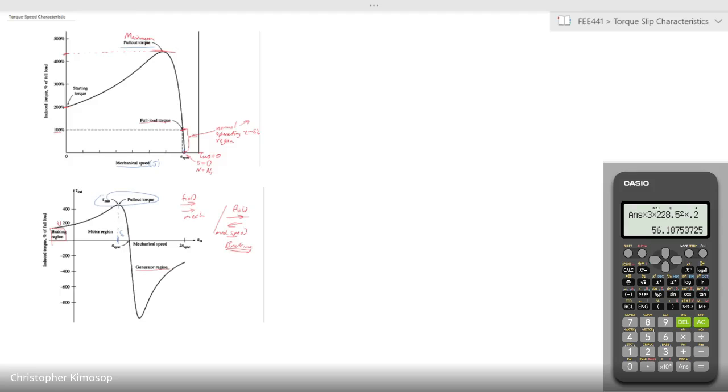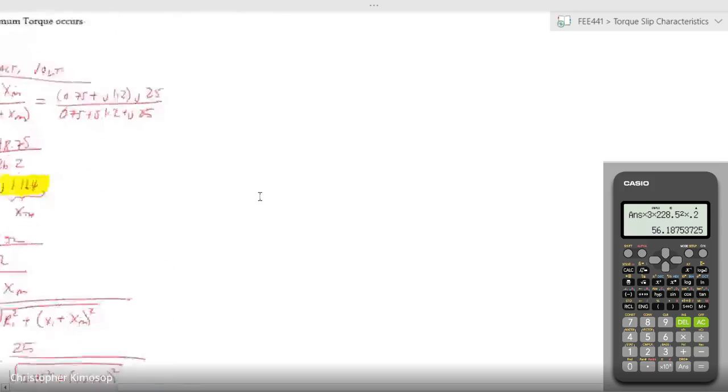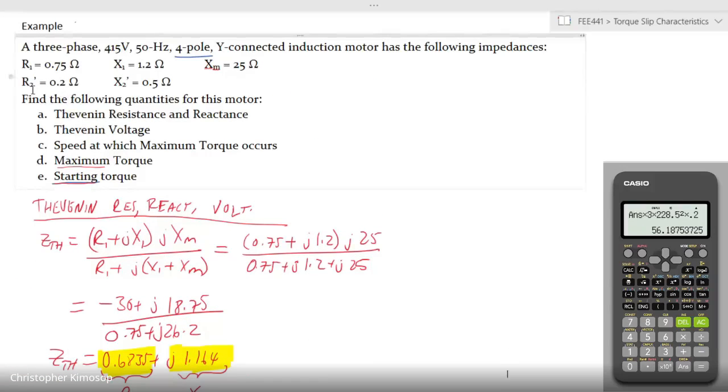In the example given, does the prime notation in R2 and X2 affect the values for the rotor when considering the equivalent circuit? R2 and X2, let me just go back to that. These are notations. They simply mean that R2 and X2 have been referred to the stator.